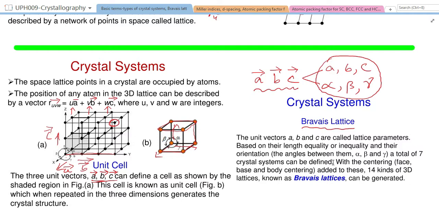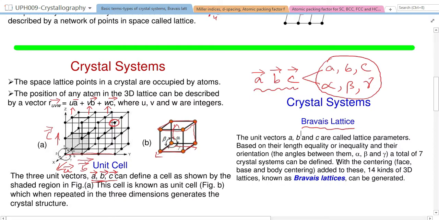And those 14 different unit cells are called Bravais lattice, right? So remember very clearly, with these 6 different values, 3 are magnitudes, 3 are angles. Magnitudes of what? Magnitude of these unit vectors. You can identify 7 different crystal structures, okay?